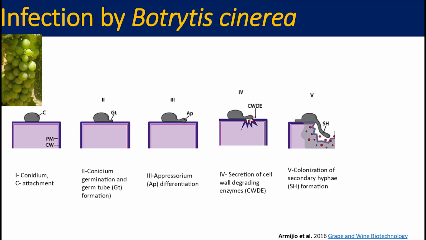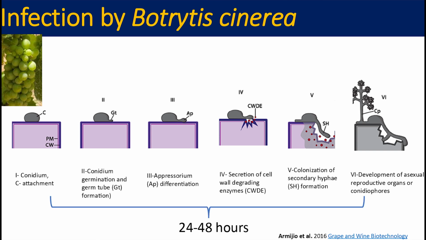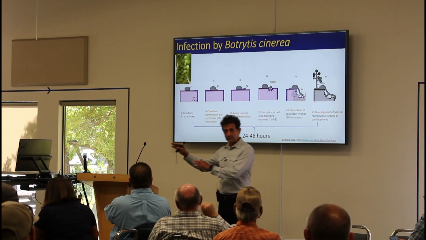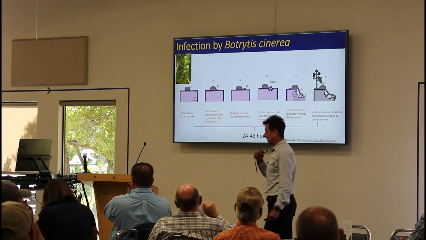The difference is that Botrytis can produce cellulase, an enzyme to melt the cell wall of the tissue, and the tissue turns into a melting mass, as you can see. Within a short time it produces hundreds of conidia. That takes 24 to 48 hours when the temperature is very good. Remember, for powdery mildew it was almost 1 week. For this one, it's 24 to 48 hours.